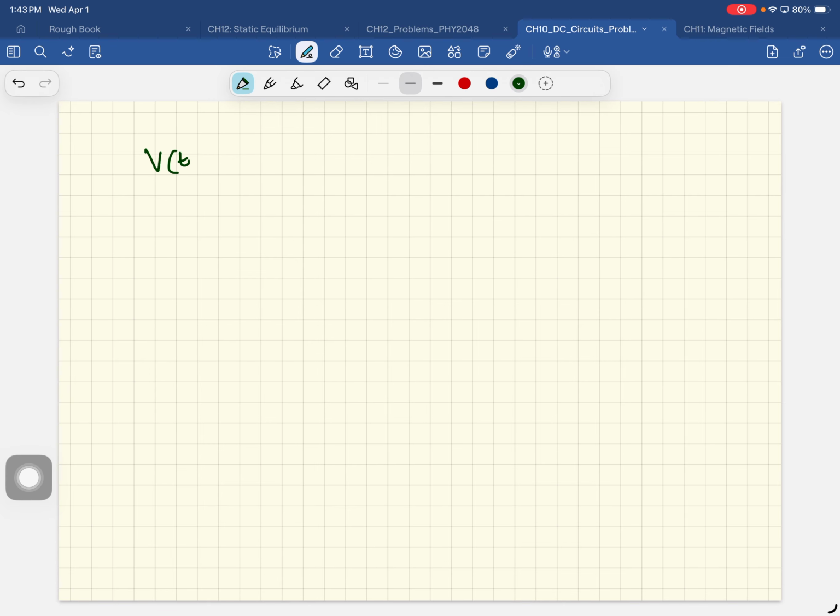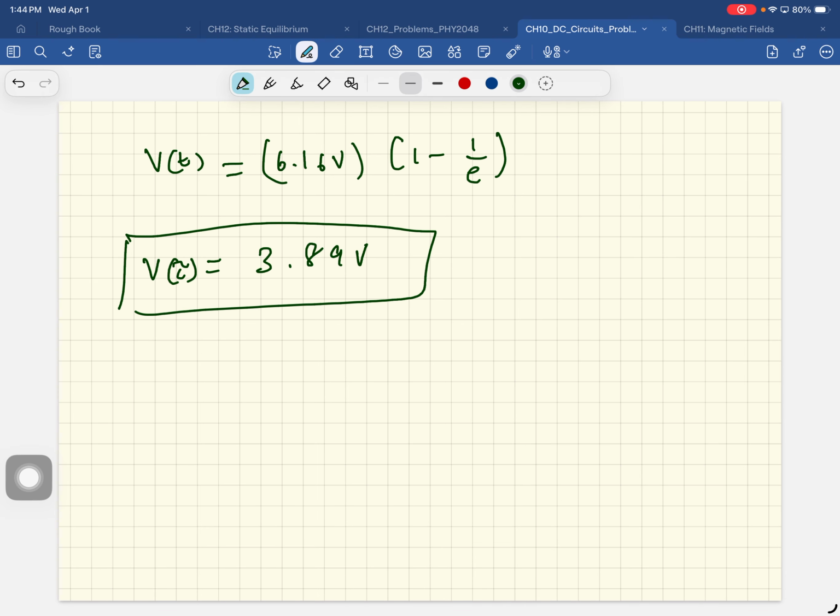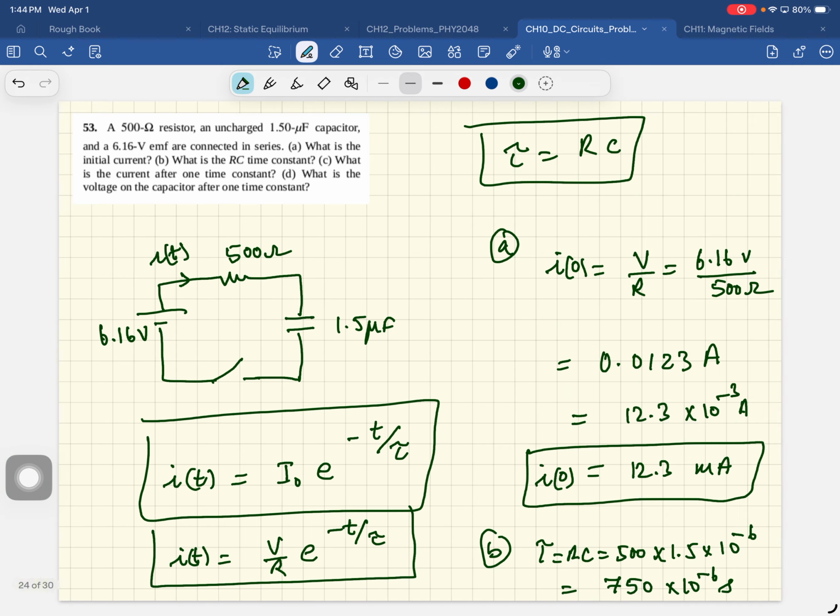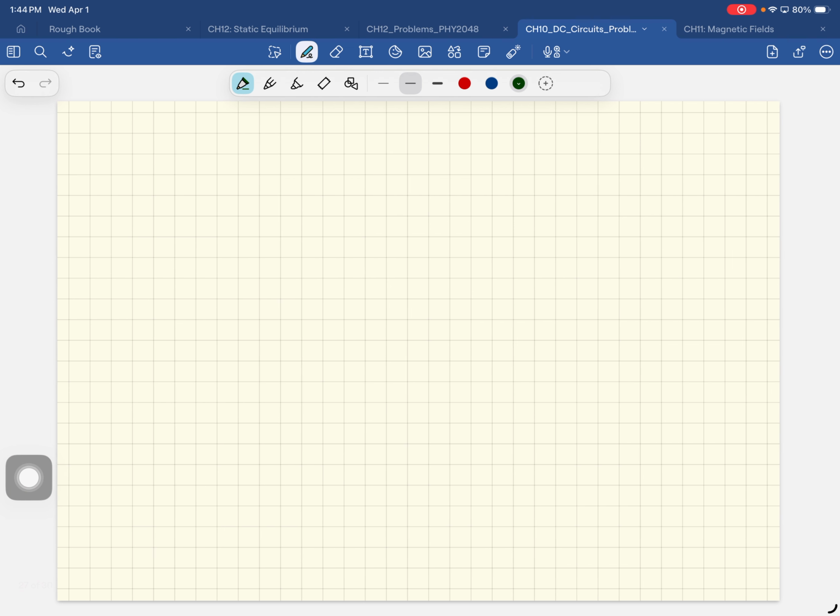So the voltage across the capacitor is 6.16 volts times 1 minus 1 over e, which is about 3.9 volts. All right, so that finishes the problem.